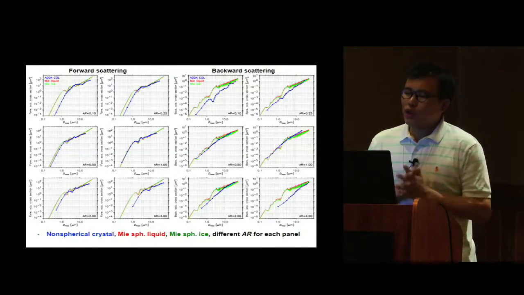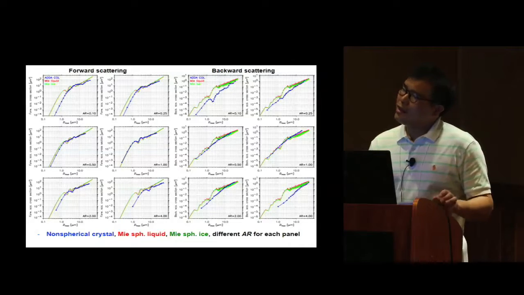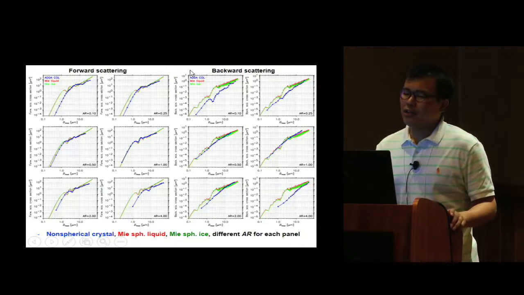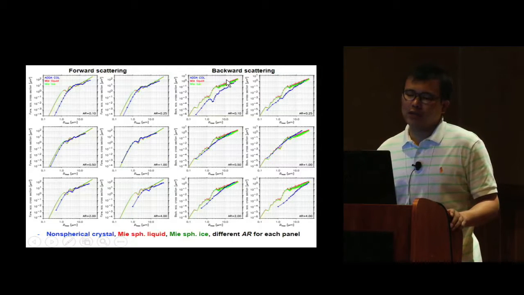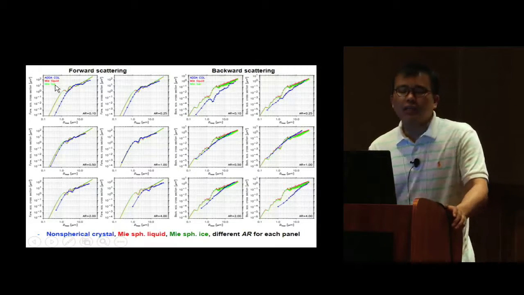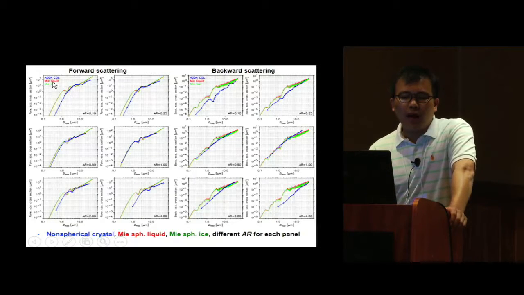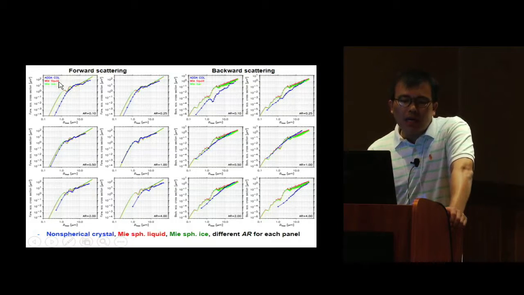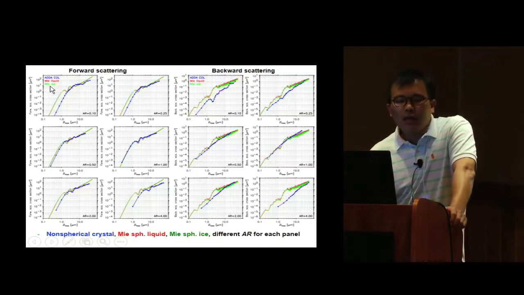This is the new conversion table, and the left one is the forward scattering direction and the right one is the backward scattering direction. And blue, red and green are the conversion tables. Red is using Mie theory, and we assume a spherical liquid shape, and the green is spherical ice crystals using Mie theory, and blue is the new one, hexagonal columns using ADDA.